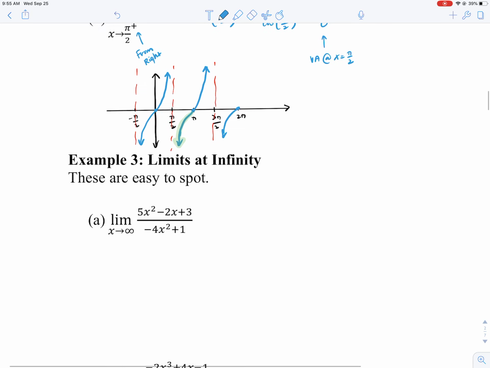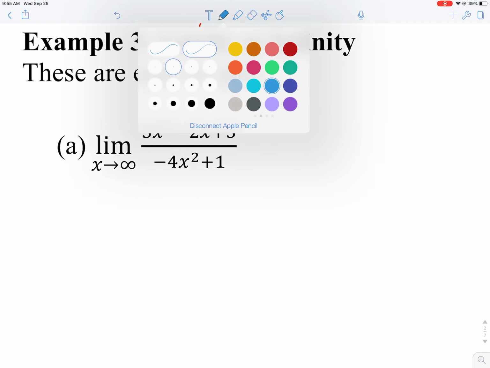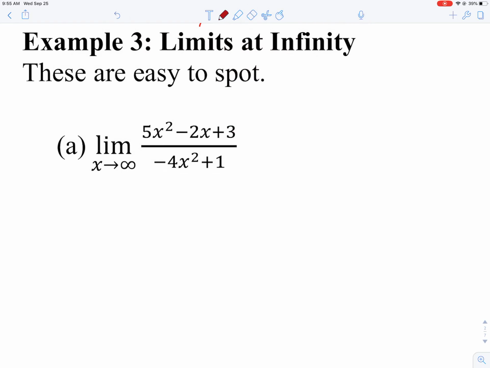All right, limits at infinity we've already studied. So we're going through some different examples that are review. Remember, for taking a limit as x approaches positive infinity of a rational function, a ratio of two polynomials, you're going to determine the end behavior model.